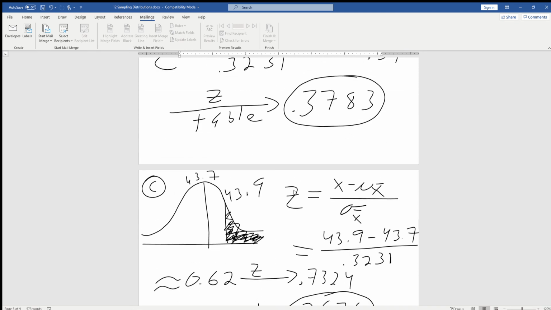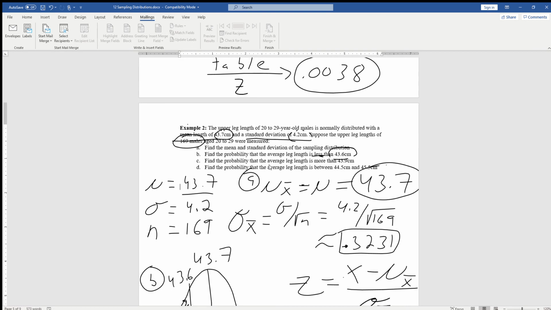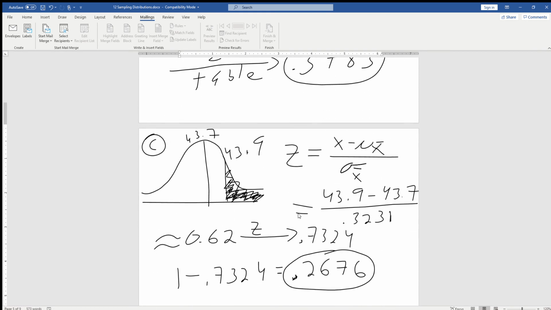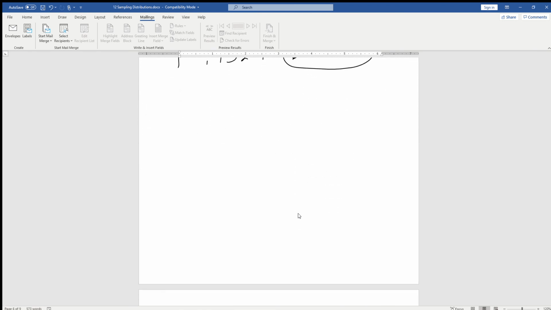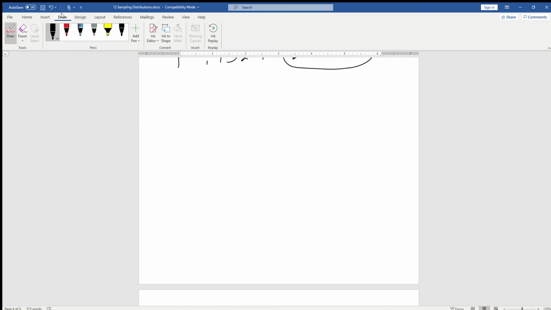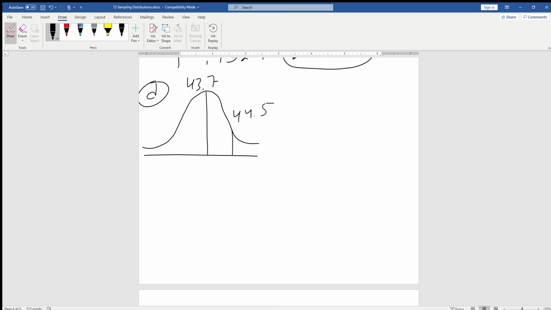Now finally, we want to know the probability that the average leg length is between 44.5 and 45.5. We have a between problem. So we have 43.7 in the middle, 44.5, and then 45.5, and that's our between. This is what we should be looking at.